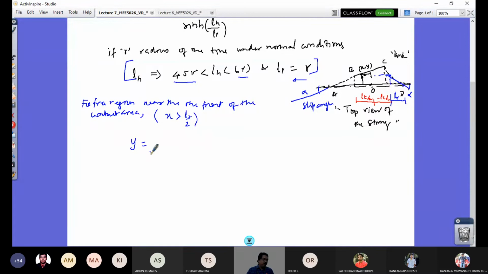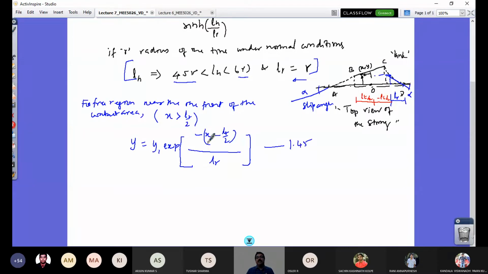So in the front it is going to be approximated as y1 exponential power minus, in thin brackets, x minus LT by 2, divided by LR. Let's call this equation 1.45.